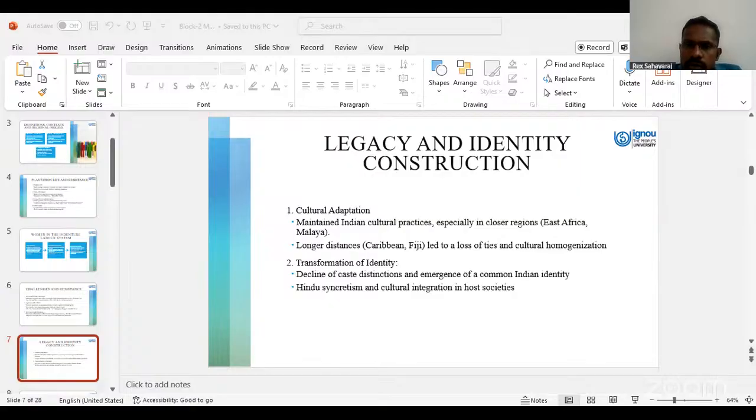So the social institution of caste is not at all prevailing in the host countries, but it persisted in diluted forms in some host countries as the colonial government encouraged the plural society, which restricted the interaction of the Indians in the economic spheres only, right?